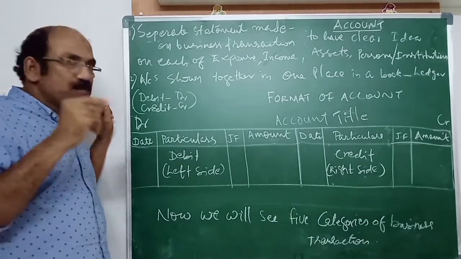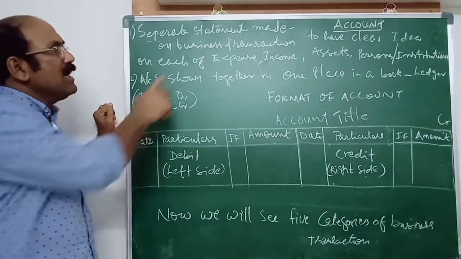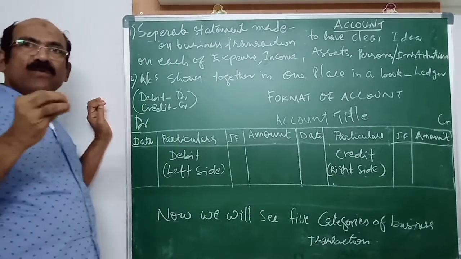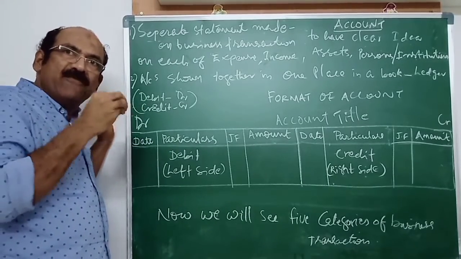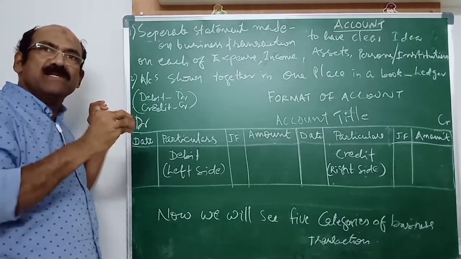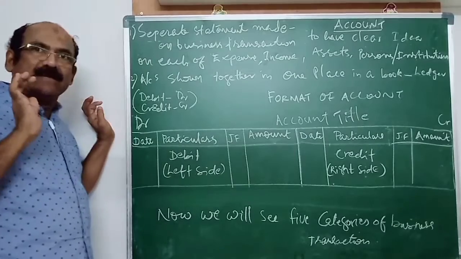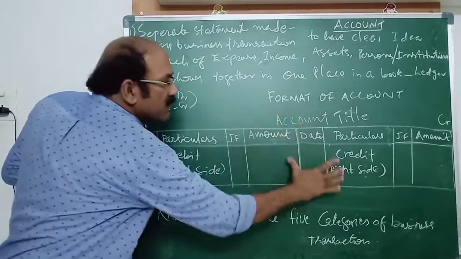So now I will explain what is debit and credit. Account I already explained. Giving information in the left side of the account is debit, and giving information in the right side of the account is credit. See, this is the format of account.